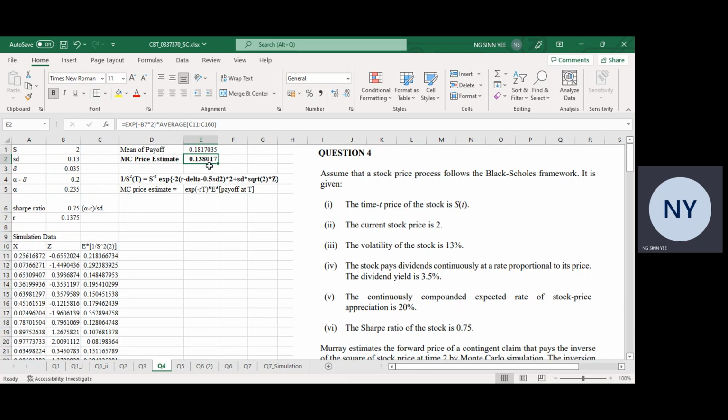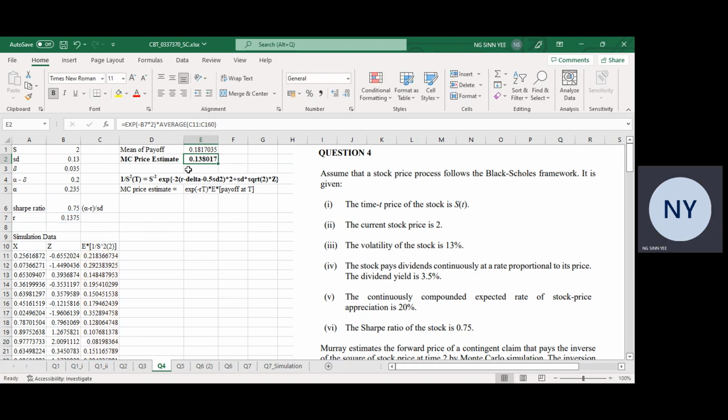After getting the mean of the payoff, we will just discount it back to time 0 from time 2. To do this, we just need to multiply the mean of the payoff with exponential to the power negative r, which is 0.1375, times t, which is 2, and we will be getting the Monte Carlo price estimate.